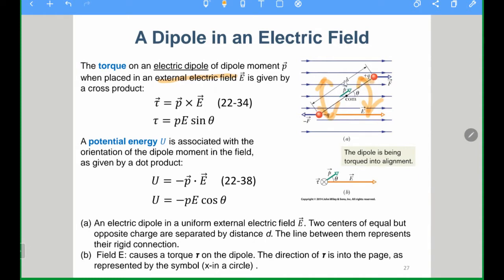The magnitude of P would be Q times d, the distance between these two charges.